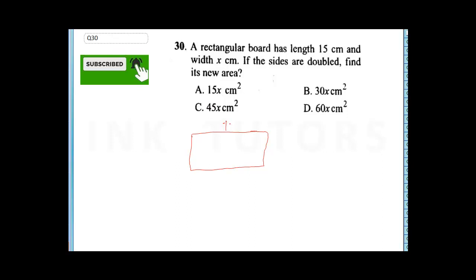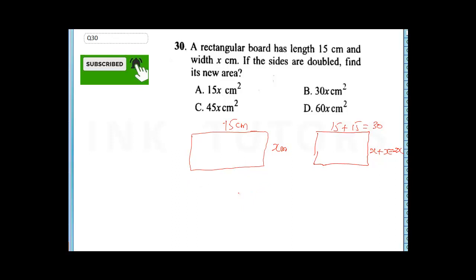Now this is the length 15 cm and here is x cm. Now it said there was a new rectangle and the sides are doubled. So this is 15 plus 15 and this will now be x plus x. So this will give us 30 and this will give us 2x. So find the new area.